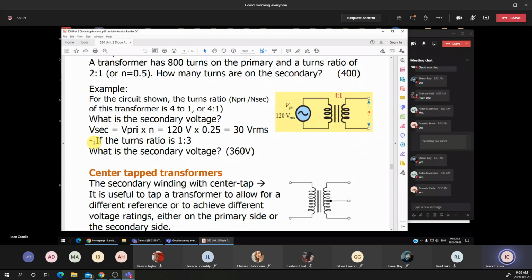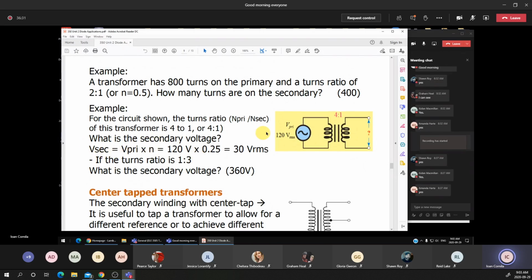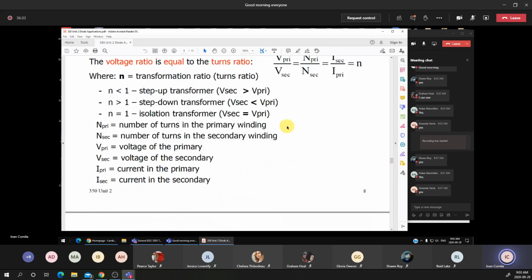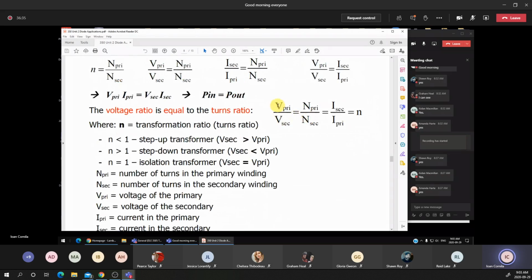Now, suppose that I'm looking again for the secondary voltage. It's the primary voltage multiplied by N. From this equation, looking back at the main equation, given the primary voltage and given the turn ratio, I'm looking for the secondary voltage.